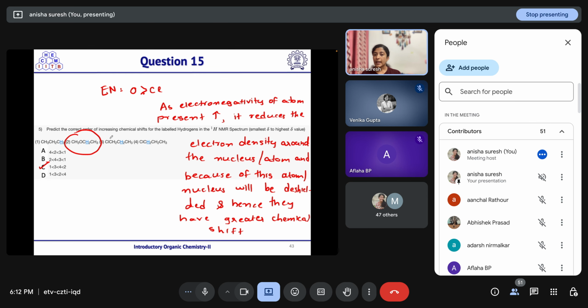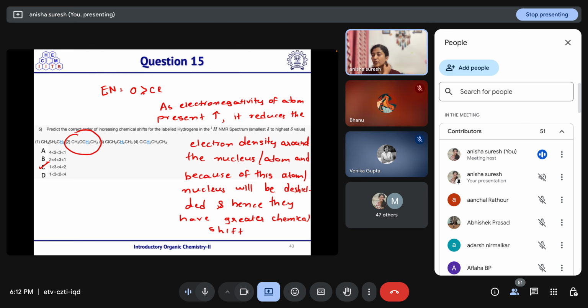And here we will be considering the distance between the electronegative atom and the proton that we are considering. Since the distance is greater, it will not experience that much pulling of electrons, and because of that it will have a lesser chemical shift compared to 4.